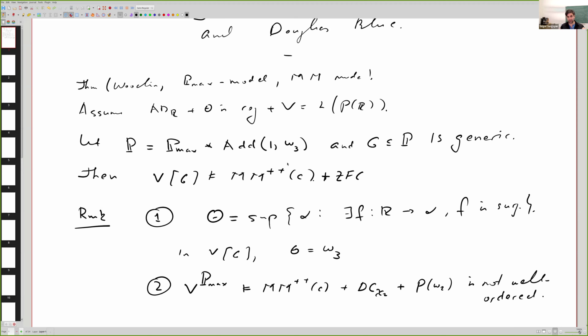That means the size of reals is omega 2, and V is of the form L of power set of reals. So if I well order reals, then V becomes L of power set of omega 2, basically, because reals have size omega 2. So it's just enough to well order this.